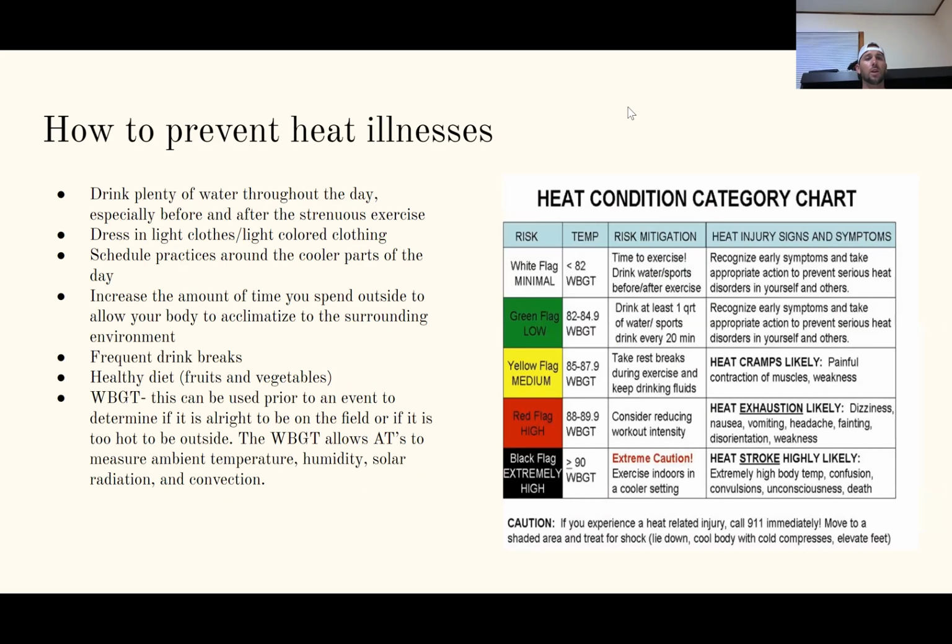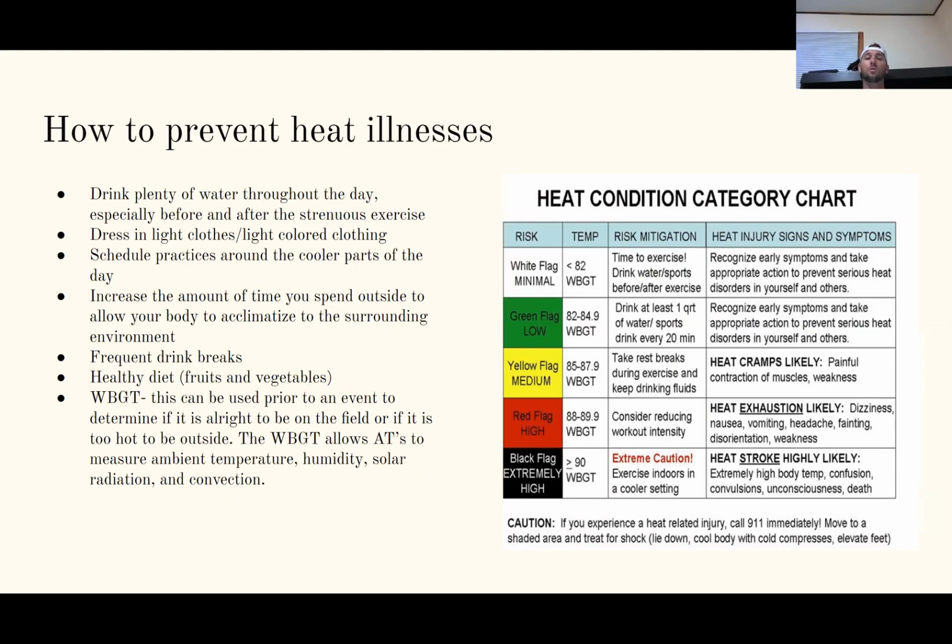Right now, how to prevent heat illnesses: drink plenty of water throughout the day, especially before and after exercise. That way you can replenish and be hydrated before and after practice. Dress in light clothing, that way it's not as heavy. Coaches can schedule practices around the cooler parts of the day, so in the morning or at night. Increase the amount of time you spend outside.